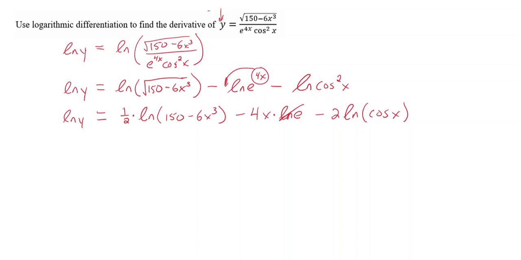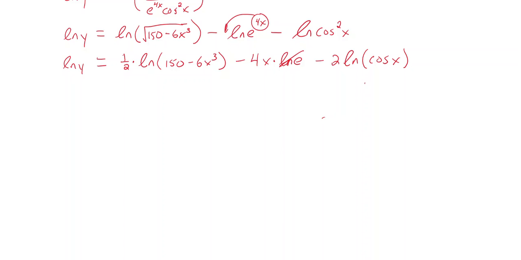All right, that's looking pretty good. Now I know that doesn't look simpler, but now we can take the derivative of each one of these pieces a lot easier. So we're going to use implicit differentiation. Let's take the derivative.